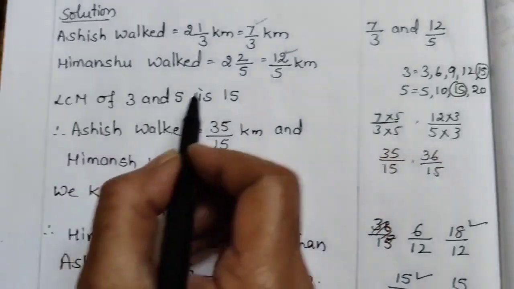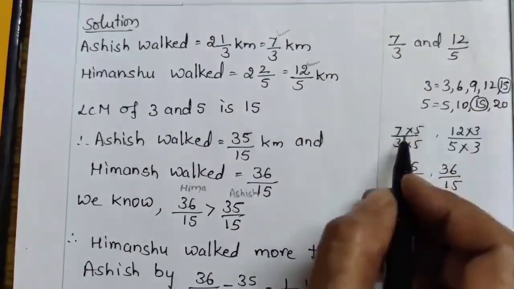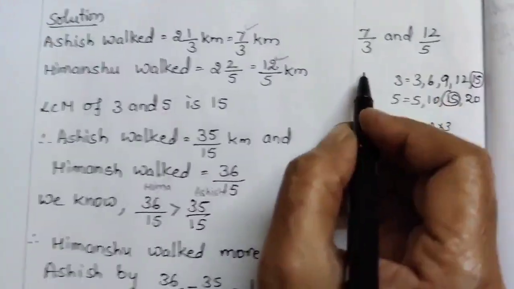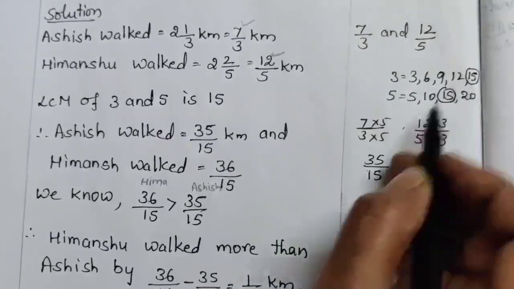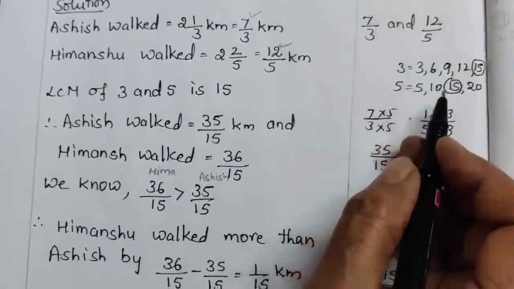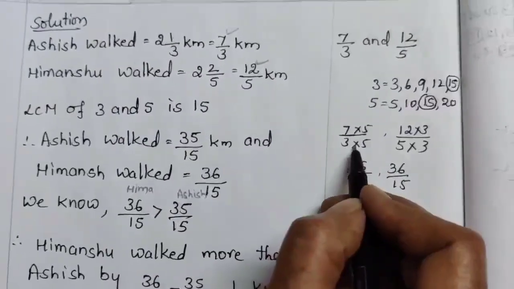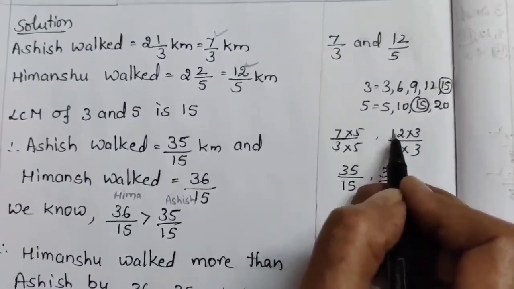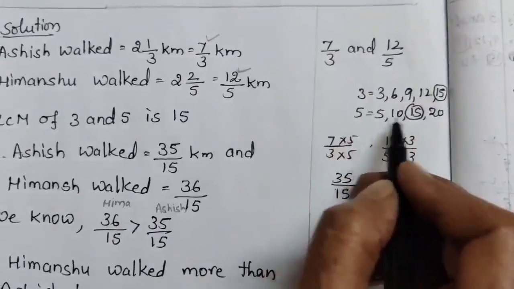So here 7 by 3 and 12 by 5. In 7 by 3, for 3 table, how many times will it go? 15, children, 5 times. So that 5 you have to multiply both numerator and denominator. 7 into 5, 3 into 5. And in 5 table, how many times will it go, children? 3 times. 5 3s are 15.